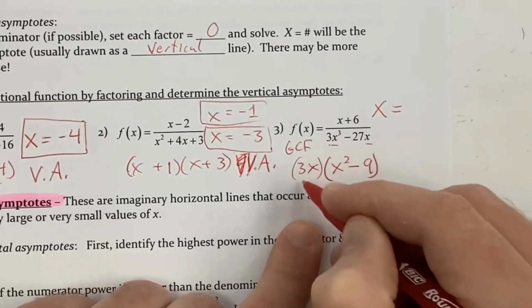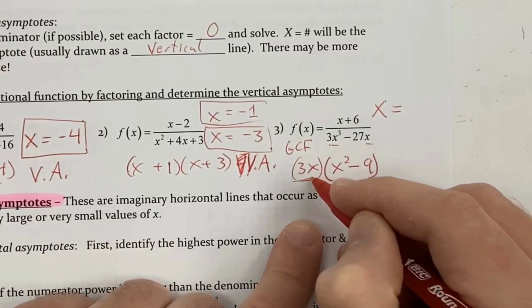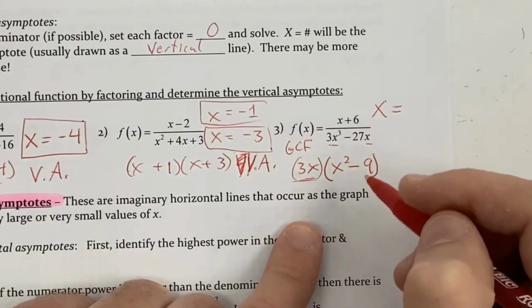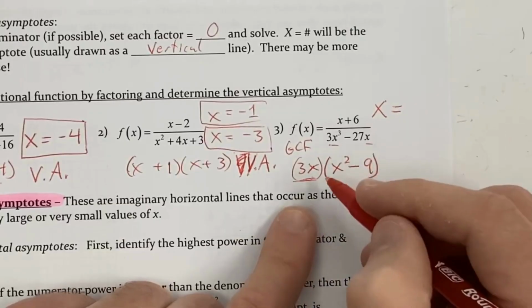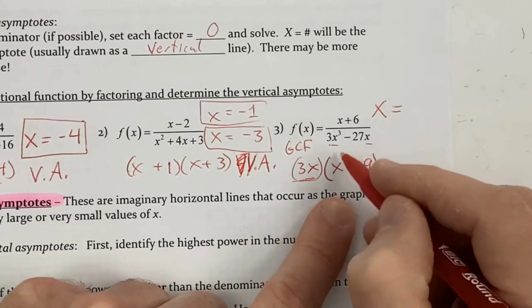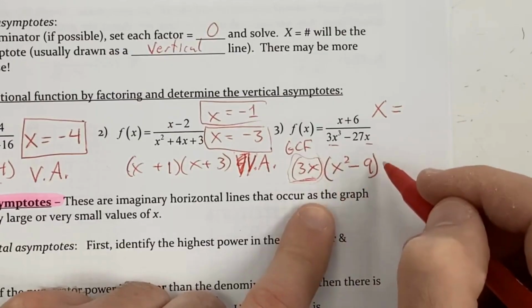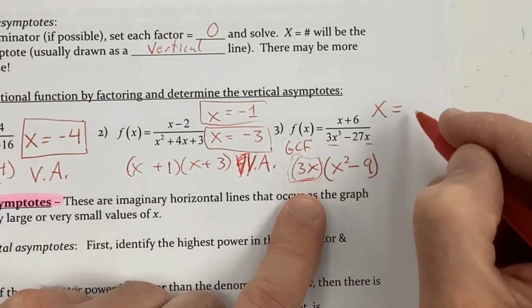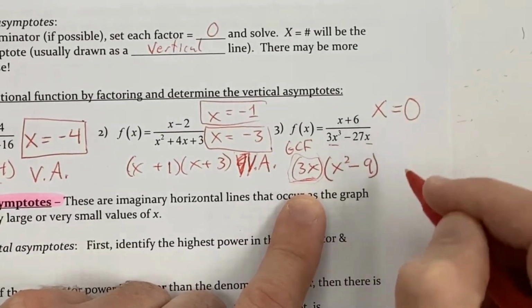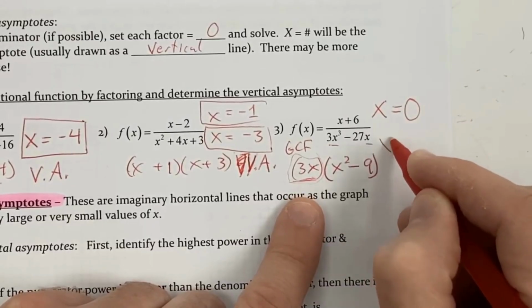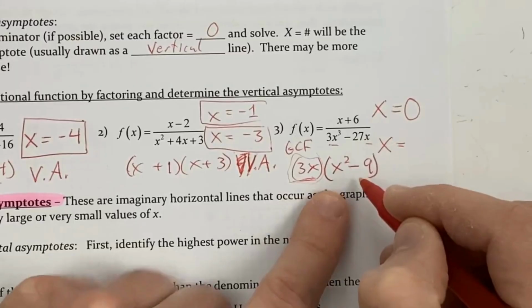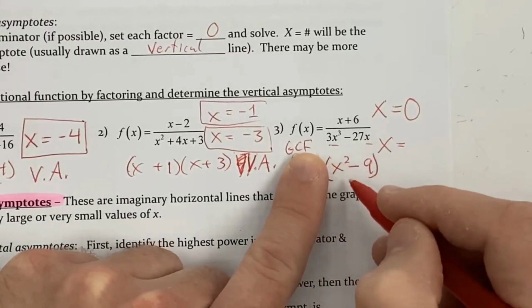Don't overthink it, but this counts as a factor. So what makes 3x equal to 0? -3? No, not quite. -3, by the way, will make this other factor equal to 0. But what just makes this term equal to 0? It's just 0 itself, just like when you have that x in front. For this one, what would make this equal to 0?